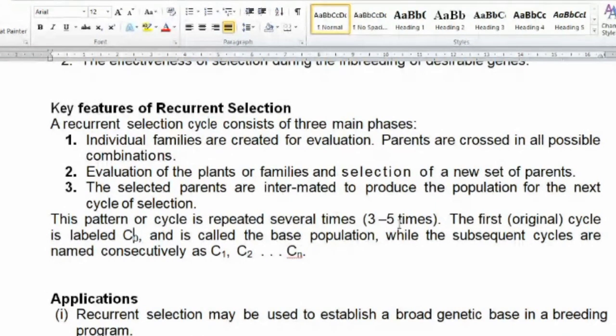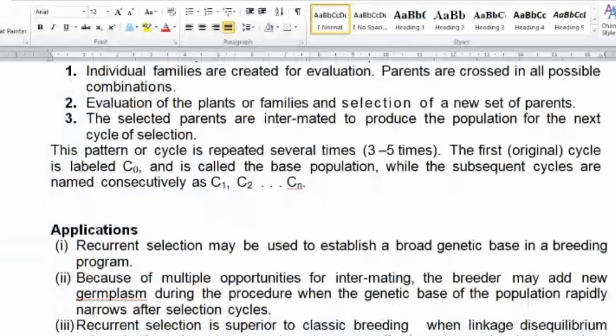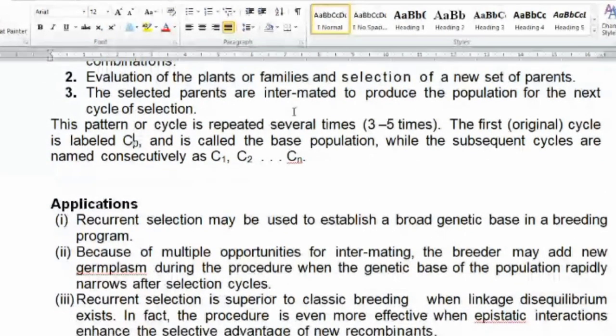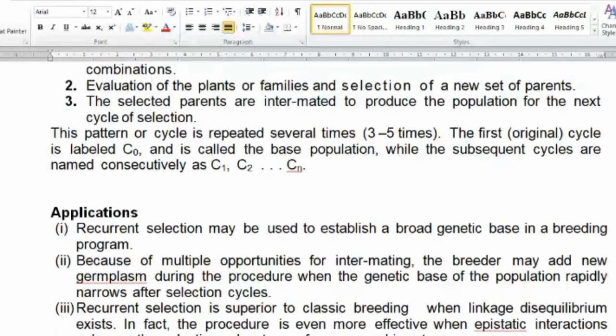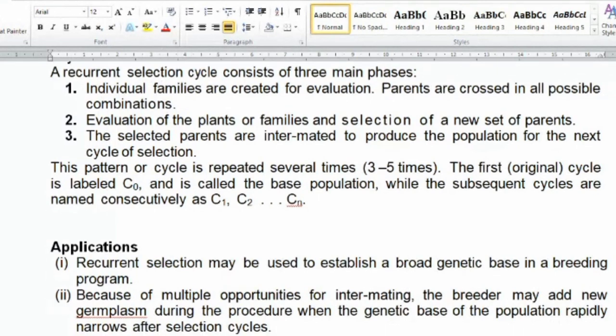So in cycle 0 you have phases 1, 2, 3, then it is repeated again in cycle 1, and again in cycle 2, and so on, as you will be able to remember.